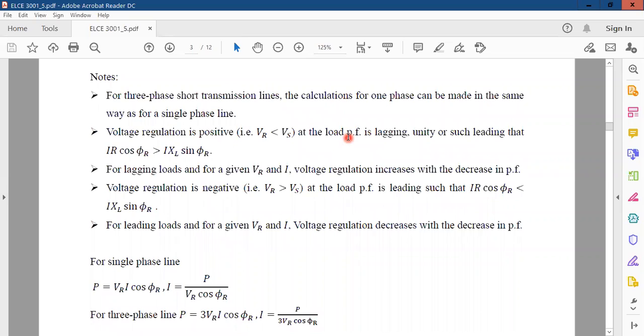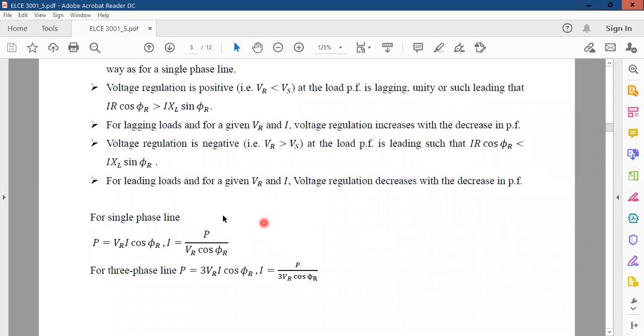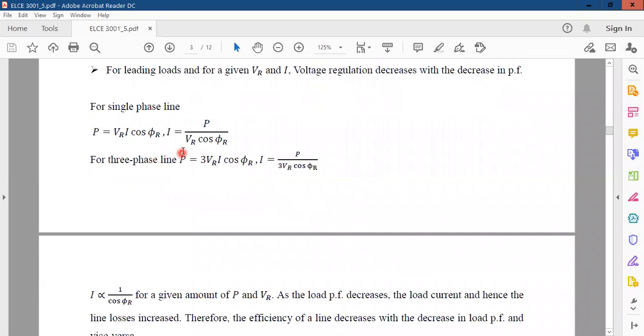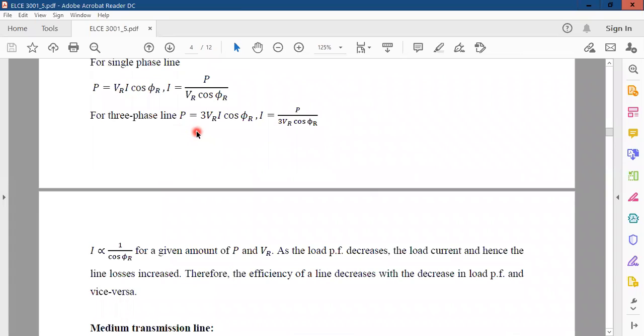Voltage regulation is negative if the load power factor is leading. Now, we know that power equals VI cosine theta R. This is for single phase. Then we can find either V or I from the power equation. For three phase, we multiply it by 3.